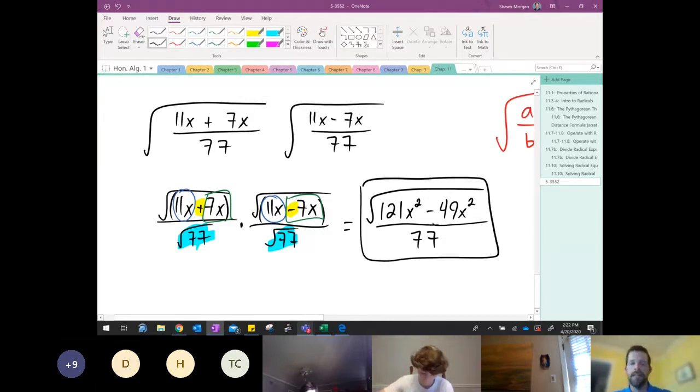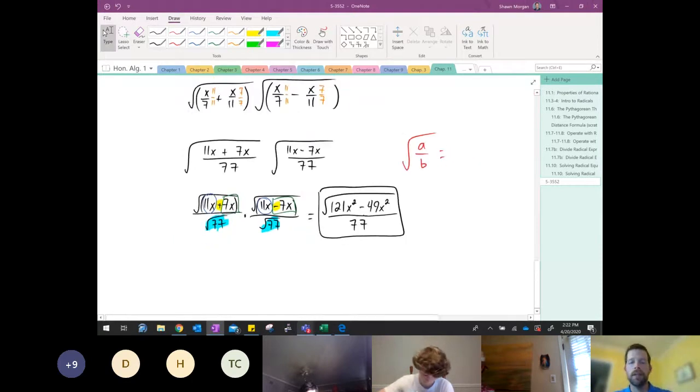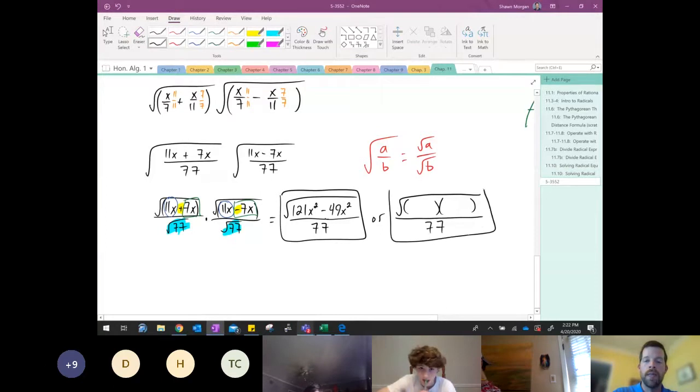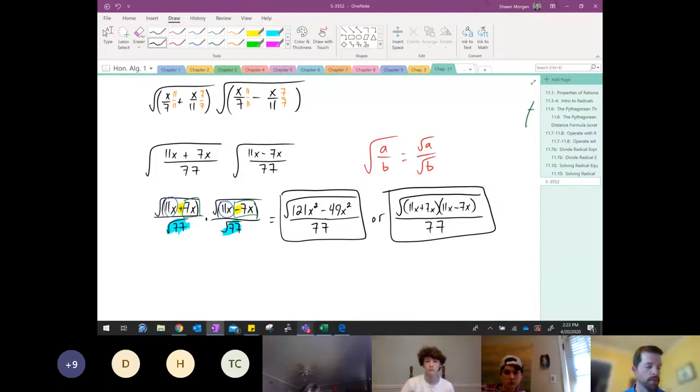Technically, we could have left it factored out. We could have had big fat square root and then binomial times its conjugate up top, 11x plus and minus 7x, and 77 down at the bottom, and that would have been okay. We could have left it that way. But I went ahead and multiplied it out just for kicks and giggles, I suppose.